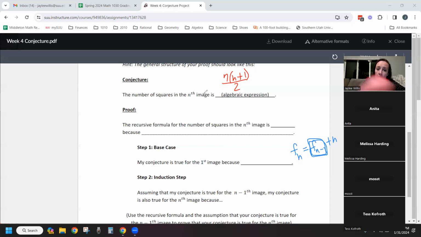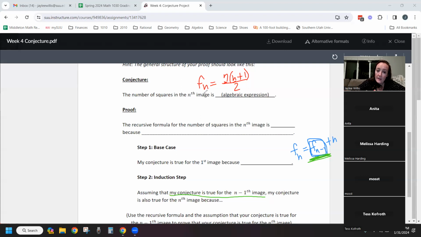So we're assuming that the conjecture is true for the n-1th image. And we're going to use that assumption to replace this. So our conjecture is that any term is that term number times the term number plus 1 divided by 2.